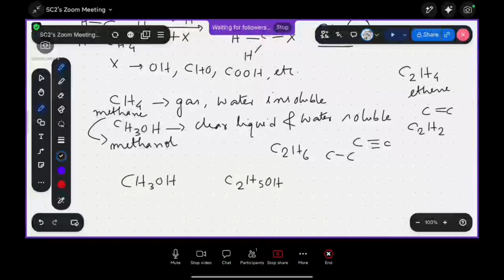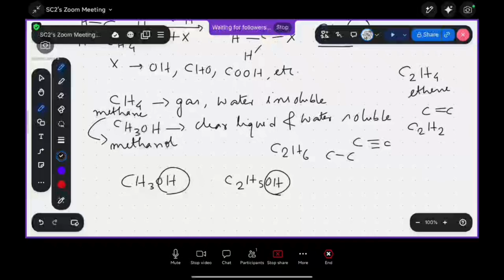See, in these two compounds, both of them have the same functional group. Both of them have OH. That means, though their physical properties such as melting point and boiling point will be different, their chemical properties will be the same.